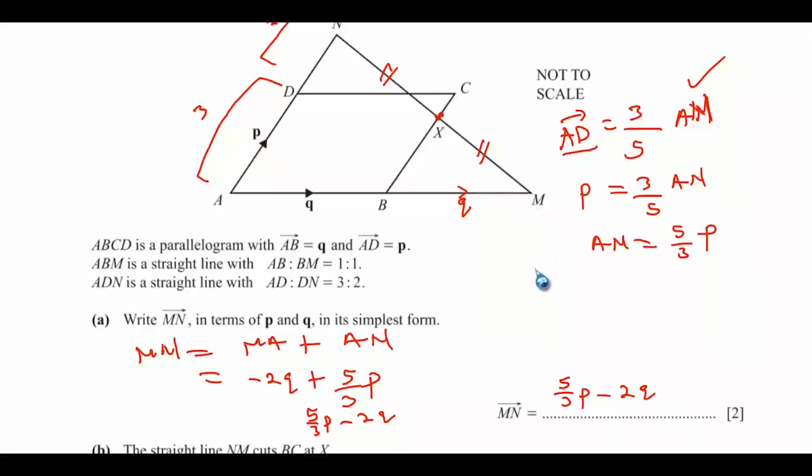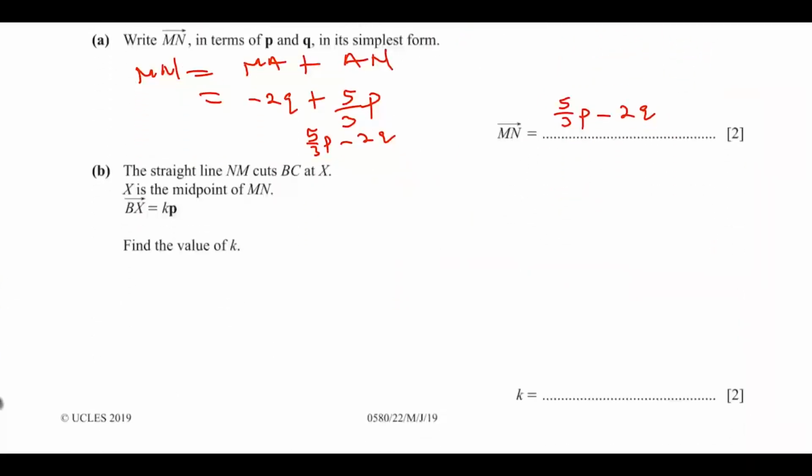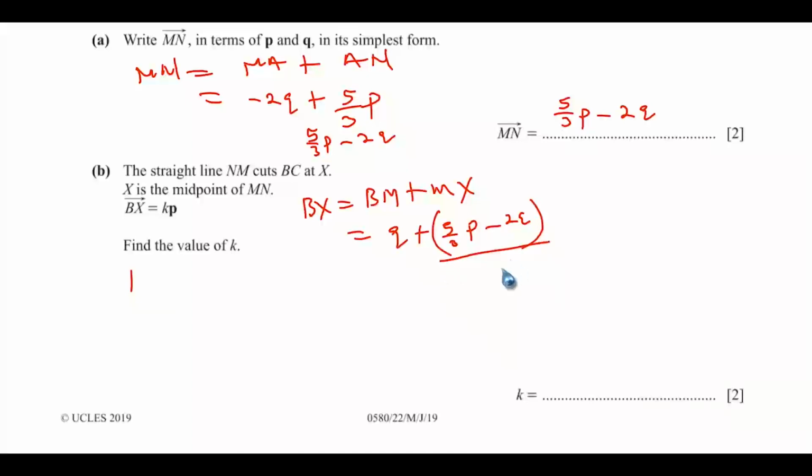So we need to divide MN into 2. Let's scroll down and write the equation here. BX is equals to BM plus MX, and that will be equals to q plus MX, which is half of the whole line there, as explained earlier. So we're going to have 5 over 3p minus 2q, divided by 2.